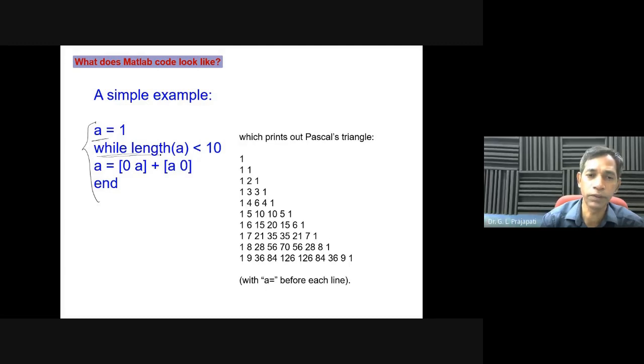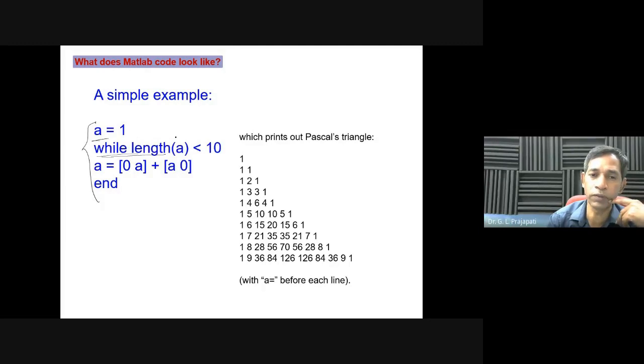So here length of A means the number of elements in A. Because you know that everything in MATLAB is a matrix, what is the length of this matrix? Actually length is different here. Length means the longest dimension.